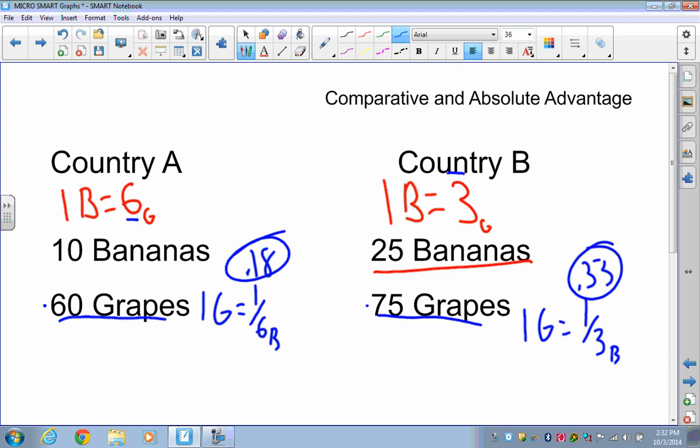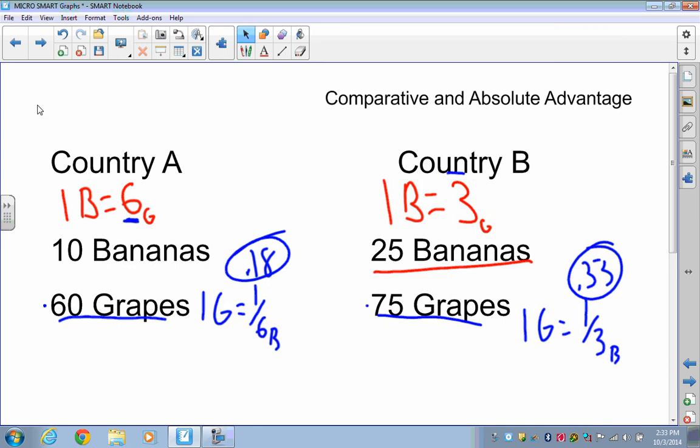Instead of 6 grapes, they're now spending 5 grapes for 1 banana. Is that a good deal? Yes. Whereas country B, if they sold that banana for 5 grapes, are they getting more? Yes, considerably more. Who wins in that exchange? Both sides do. Do you guys understand the gains from trade with the bananas and everything?